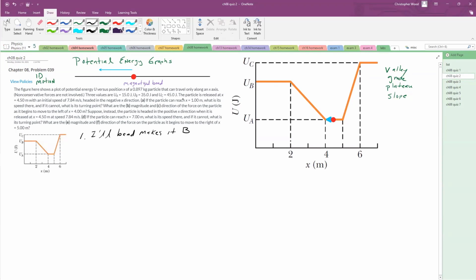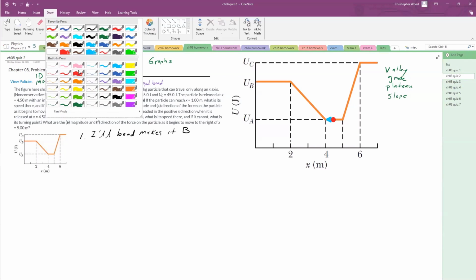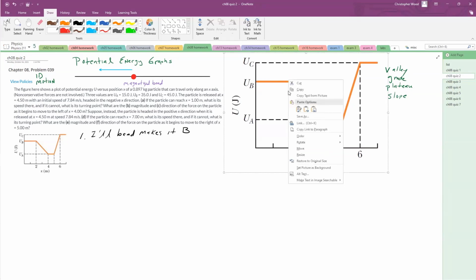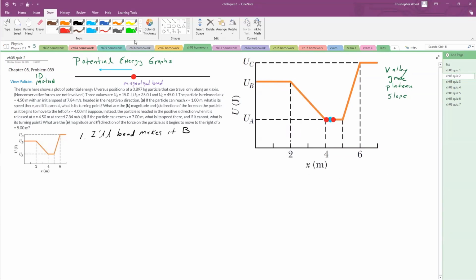Here is the red bead at the very start of the slope, right there. Here's the red bead at the very tip top of the slope, right there. Okay, so let's do energy analysis.